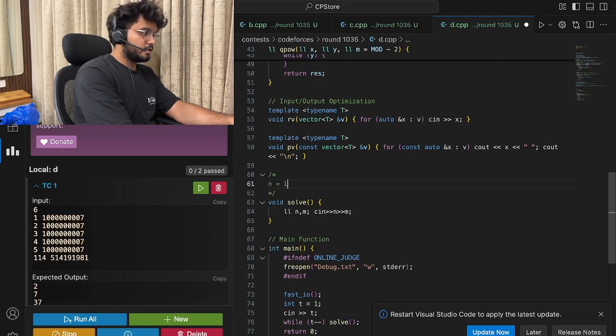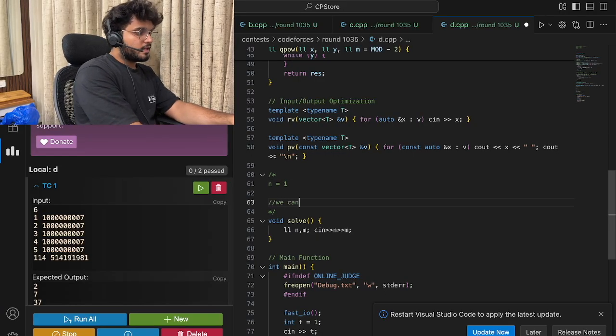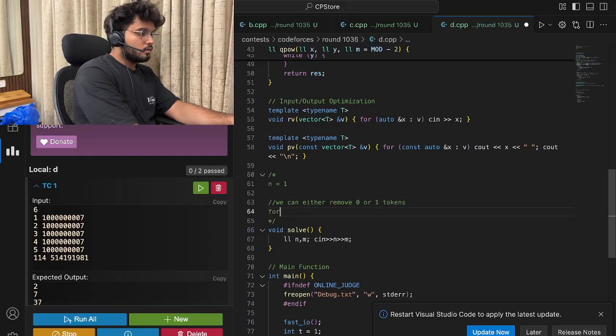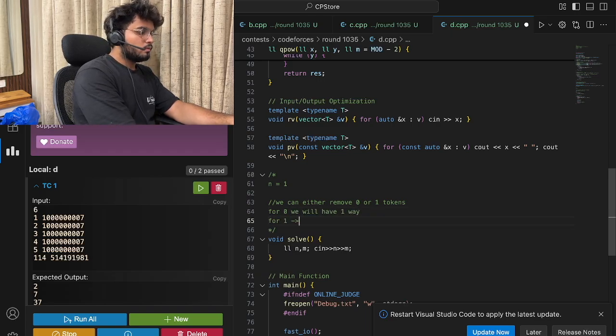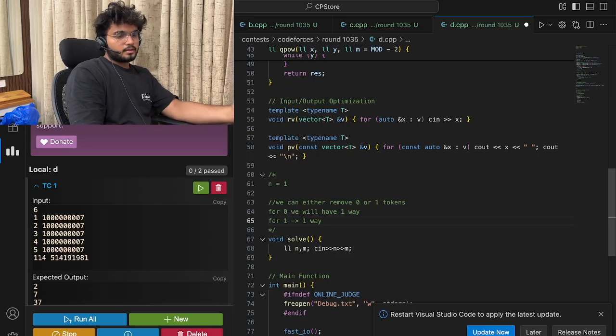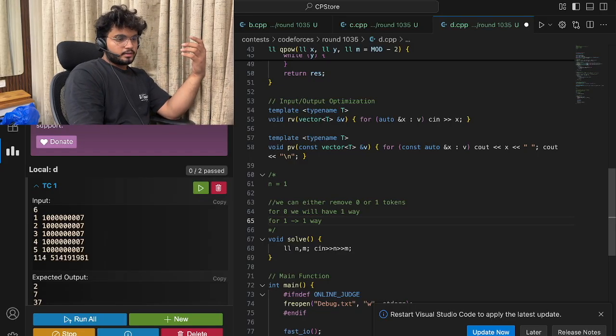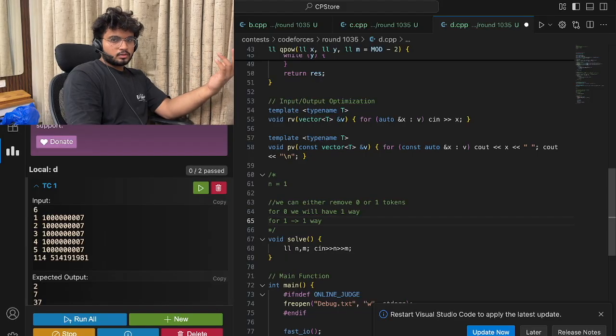Let's say we have n equal to 1. So we can either remove 0 or 1 tokens, right? For 0, we will have one way, and for 1, we will have one way. How? We have n equal to 1, so to remove 0 tokens, don't remove any token. This is the only way to remove 0 tokens. And to remove 1 token, remove the first token. This is the only way.